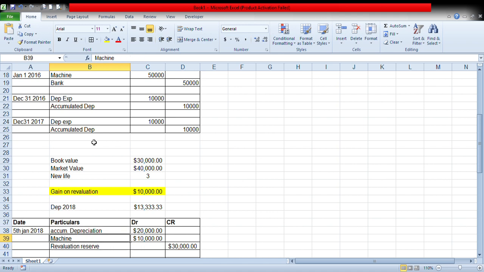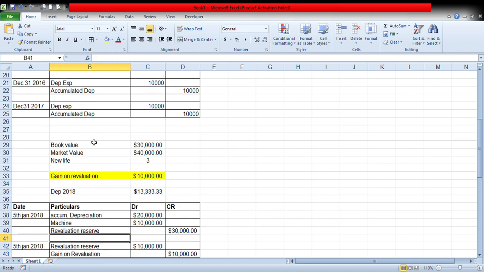But here we are earning a gain on revaluation, that's why machine debit, revaluation reserve credit. Here you can also make separate entries, like accumulated depreciation debit, revaluation reserve credit, machine debit, revaluation reserve credit, right? You can make it. But I just made a compound entry: accumulated depreciation debit, machine debit, revaluation reserve credit.